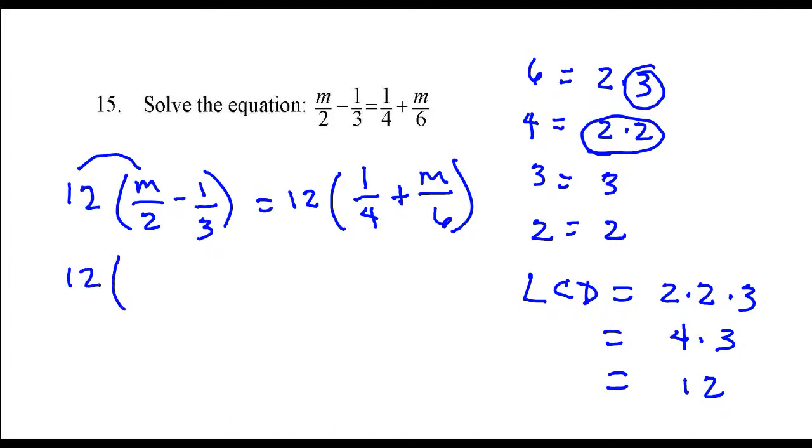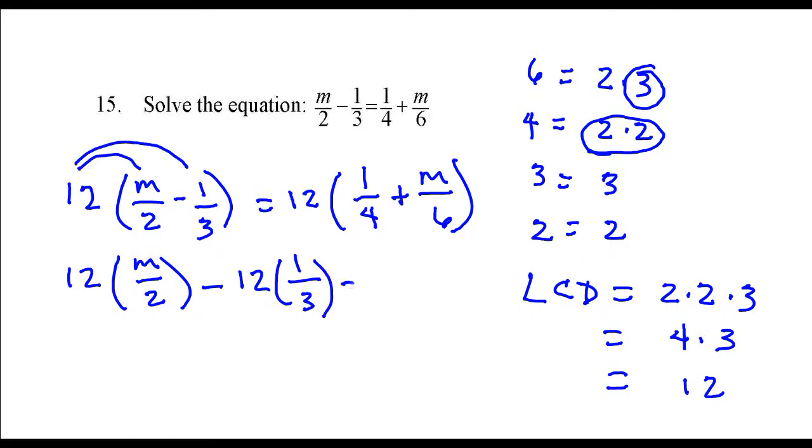That's 12 times m over 2. 12 times a negative 1/3. Then on the right side, we're going to do the same thing. Distribute this 12 to each of these terms in parentheses. 12 times 1/4. 12 times m over 6.